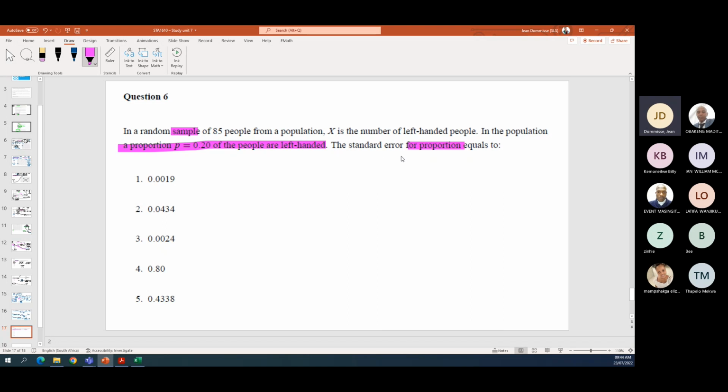The standard error for proportions is equal to... Okay, so we need to work out the standard error. So it's interesting. Will we then talk about the population proportion?